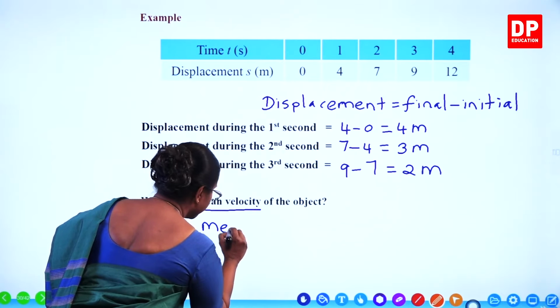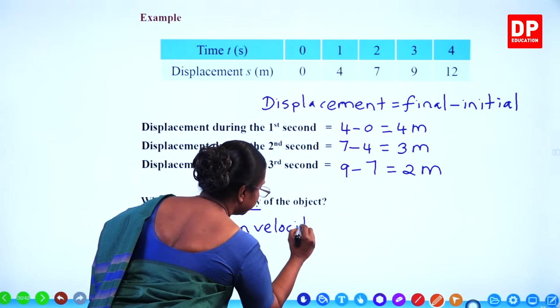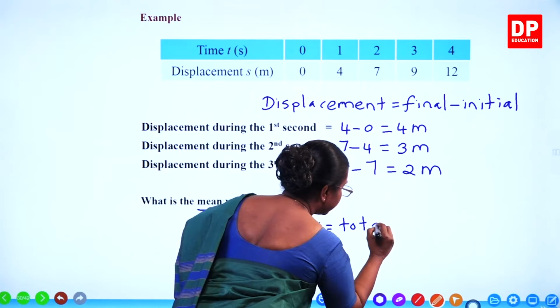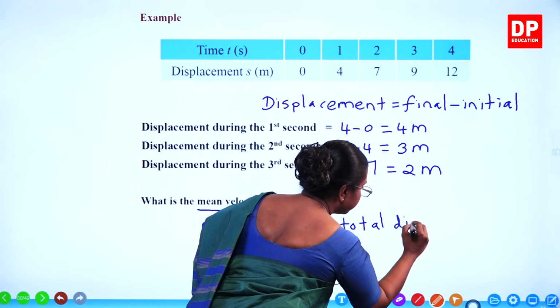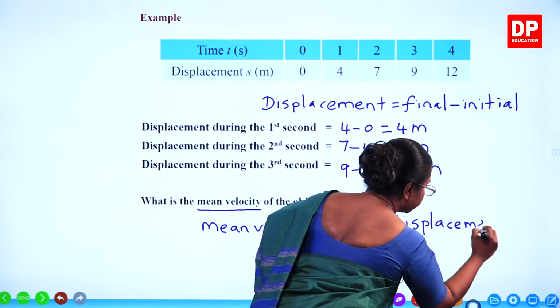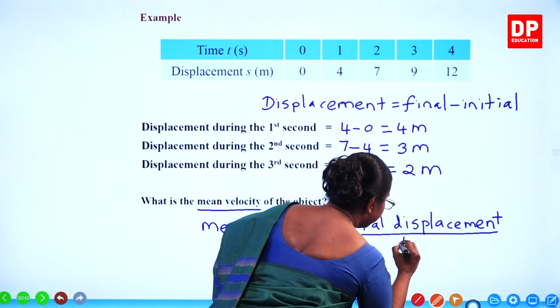So mean velocity will be total displacement divided by the time taken.